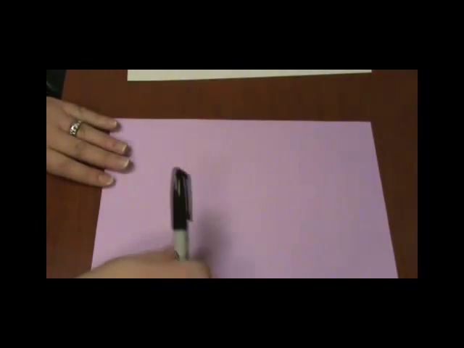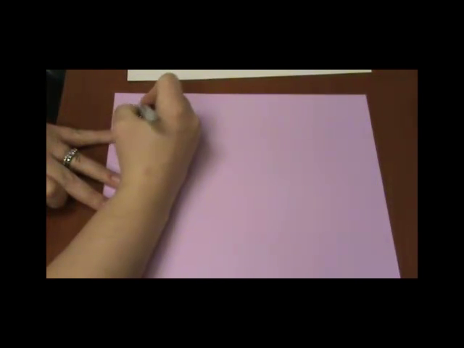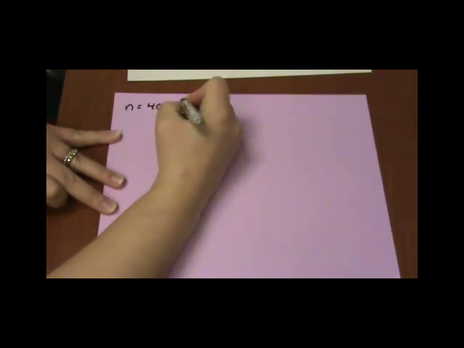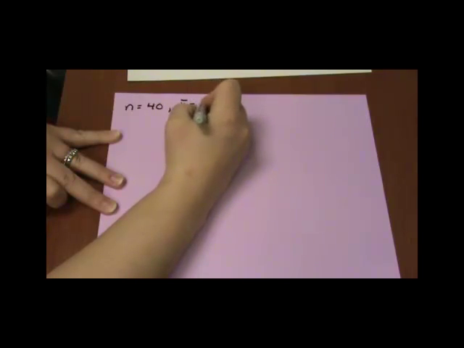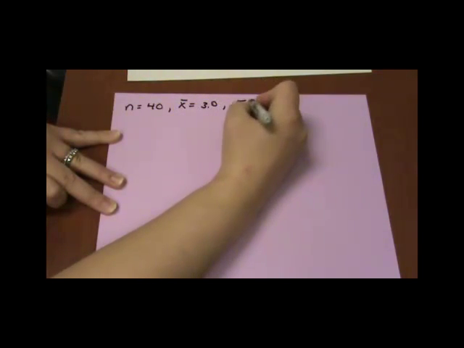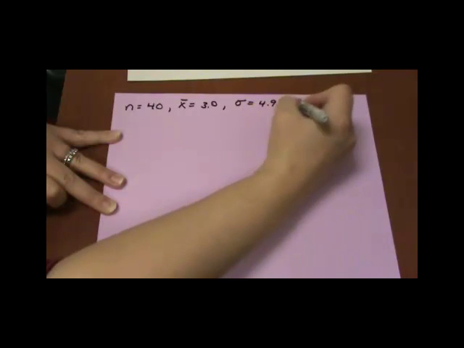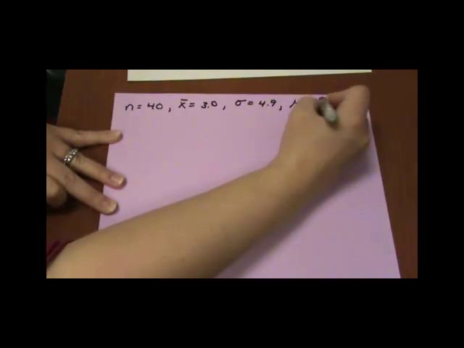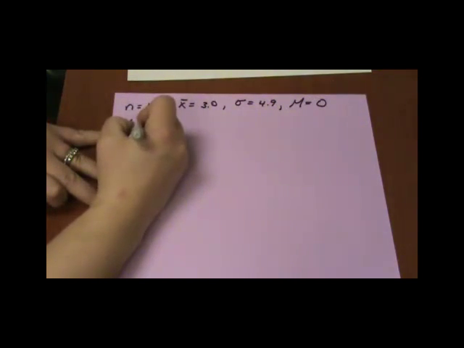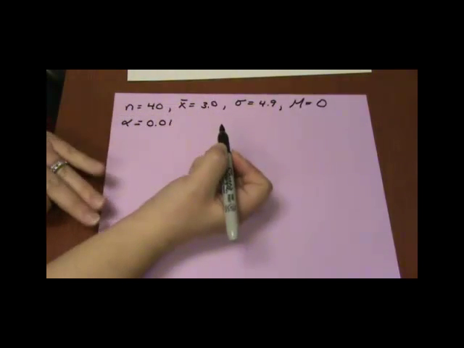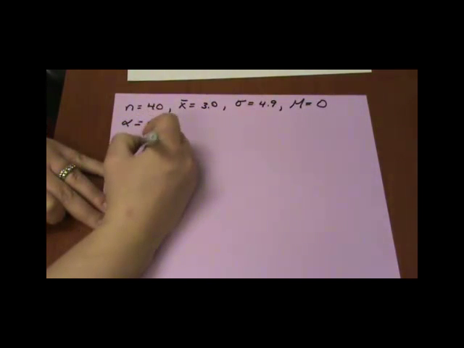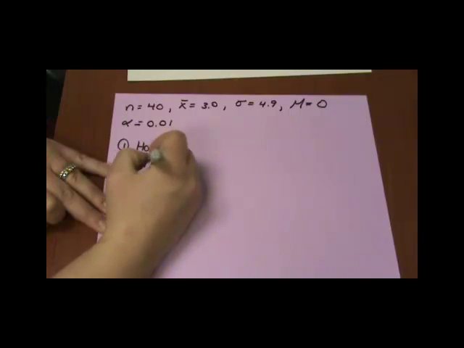Step 1, I'm going to list out all my information. N is 40, X bar is 3.0, standard deviation is 4.9, mean of the population is 0, alpha 0.01. Okay, number 1, state H0 and H1.